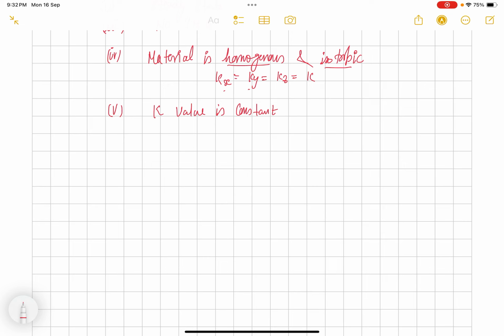And since we are considering one dimensional heat flow, we are assuming that both the surfaces are maintained at different temperatures.